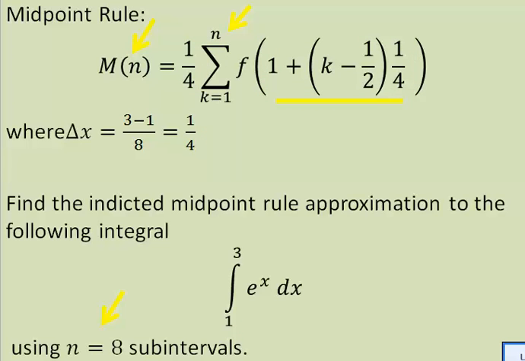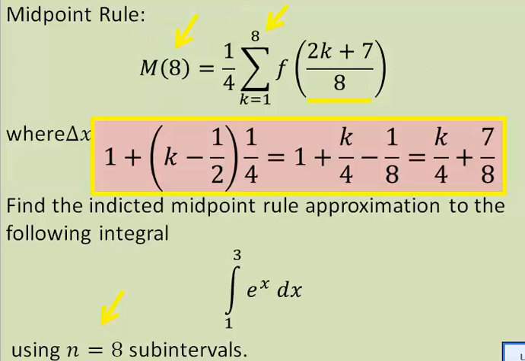Now I'd like you to notice that we have 8 subintervals. That tells us that n equals 8. So I put 8 in every time I see n.